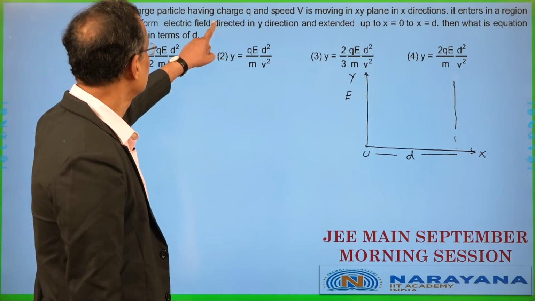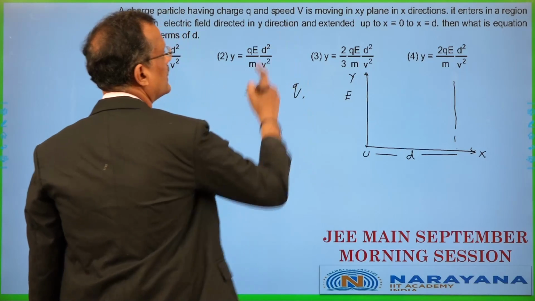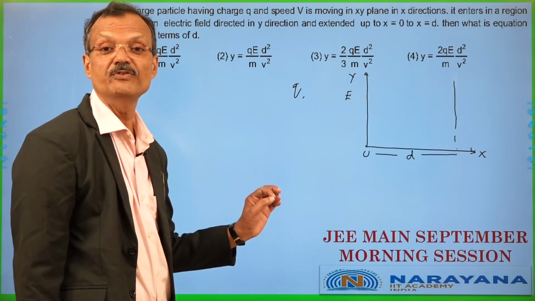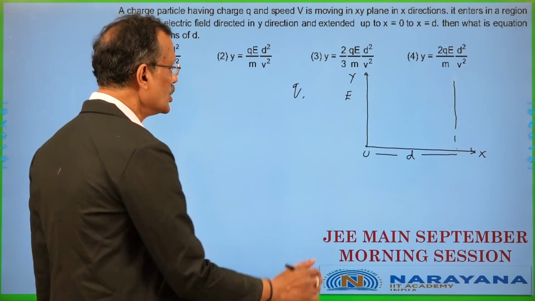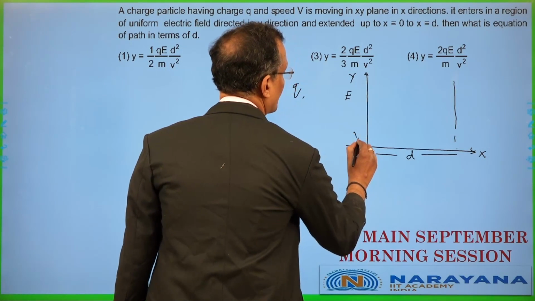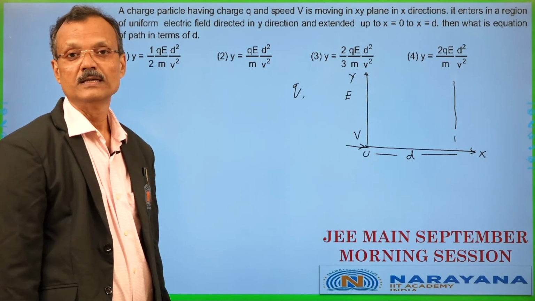Particle, check. It has charge q, and it was moving with velocity v along the x direction. So when it has come here, its velocity was v. You know, yeah?